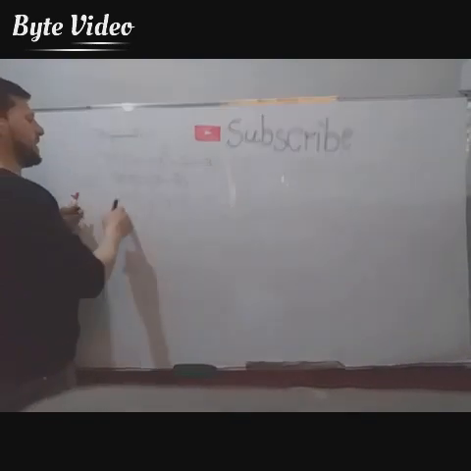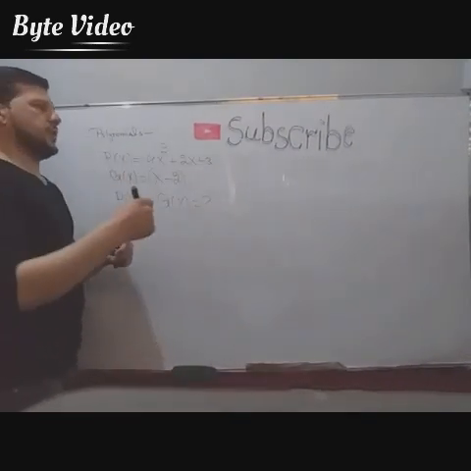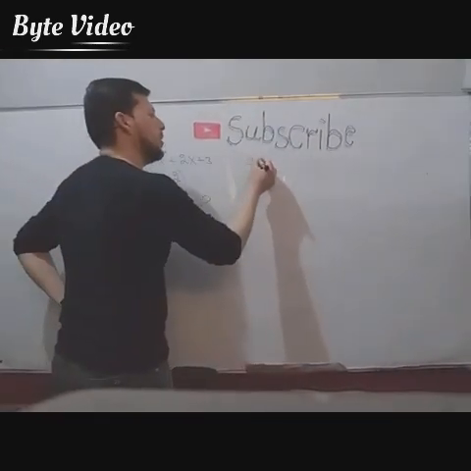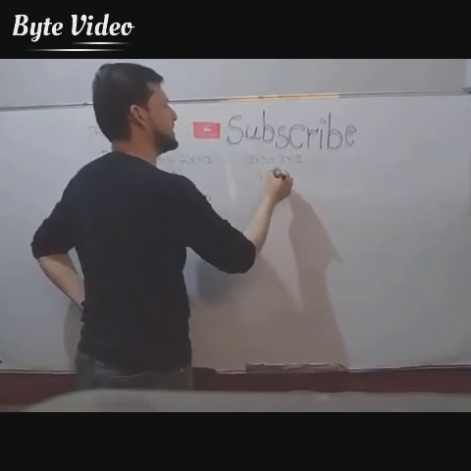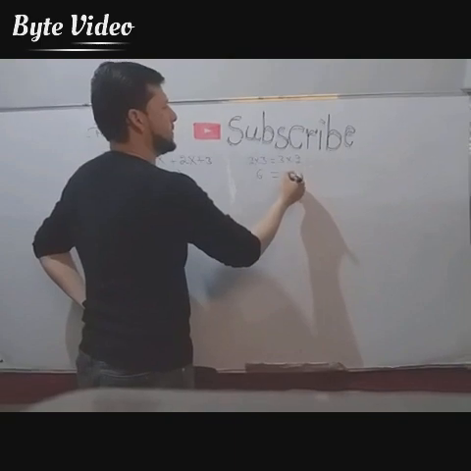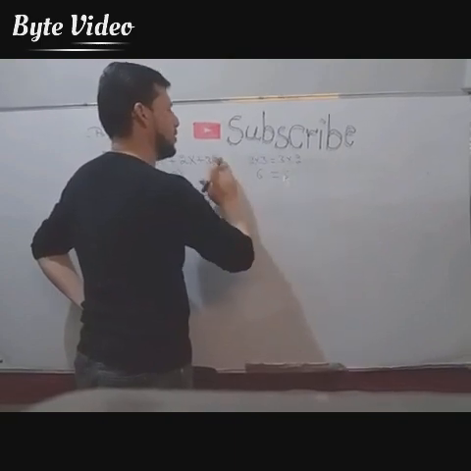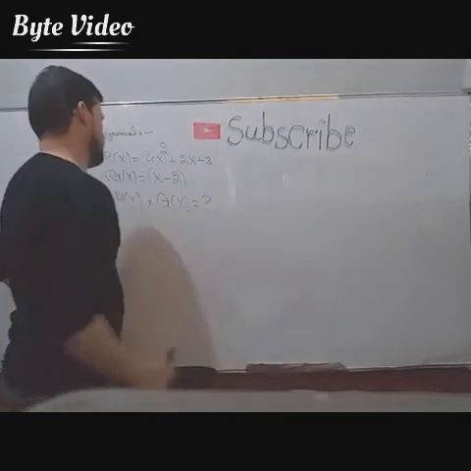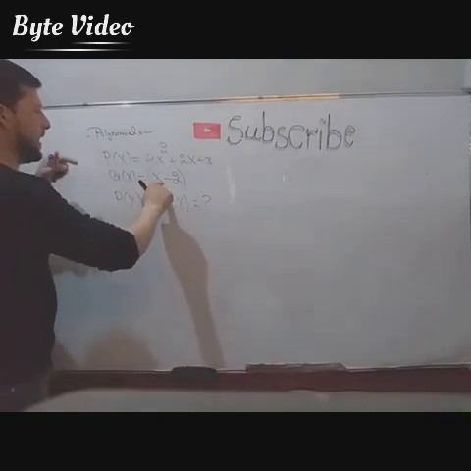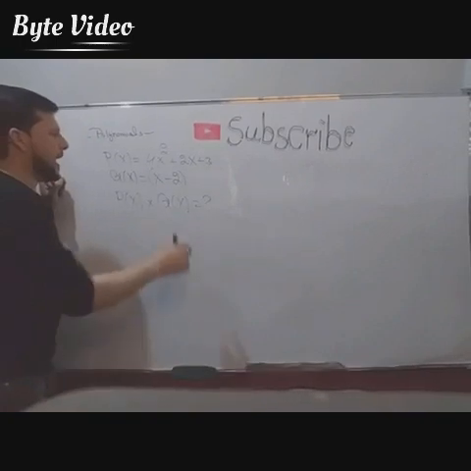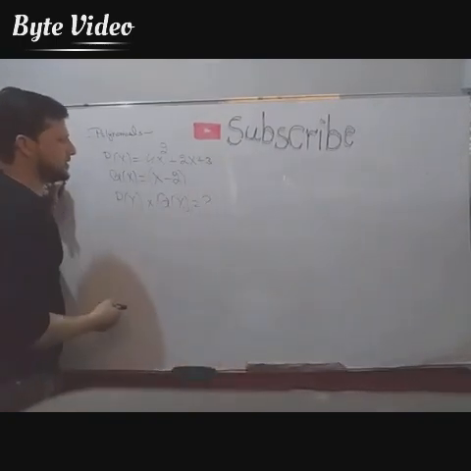You can write p(x) multiplied by q(x) or q(x) multiplied by p(x), because 2 multiplied by 3 is equal to 3 multiplied by 2. 2 multiplied by 3 is equal to 6, and 3 multiplied by 2 is equal to 6. Both are the same, so you can write p(x) multiplied by q(x) is equal to q(x) multiplied by p(x), because it will be very simple for you. And if you are writing like this, you can do it also.